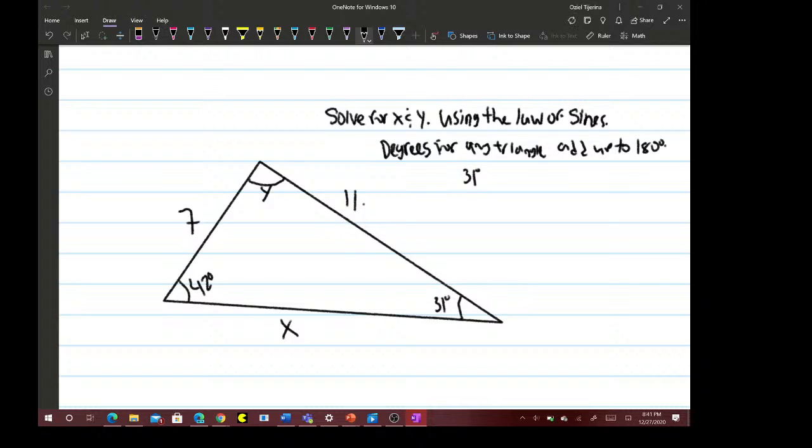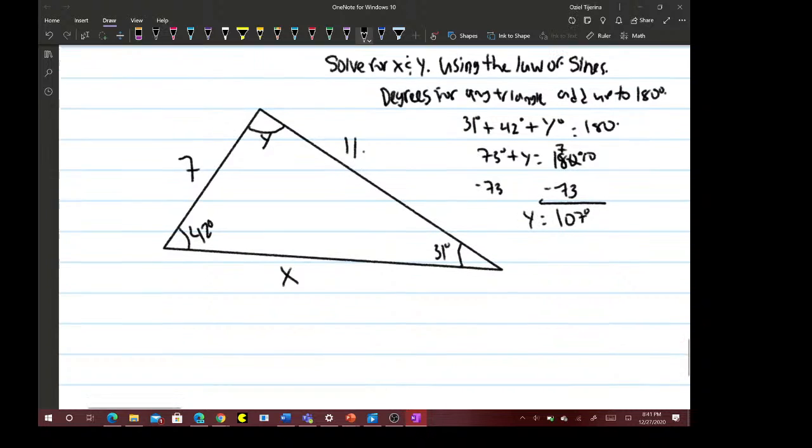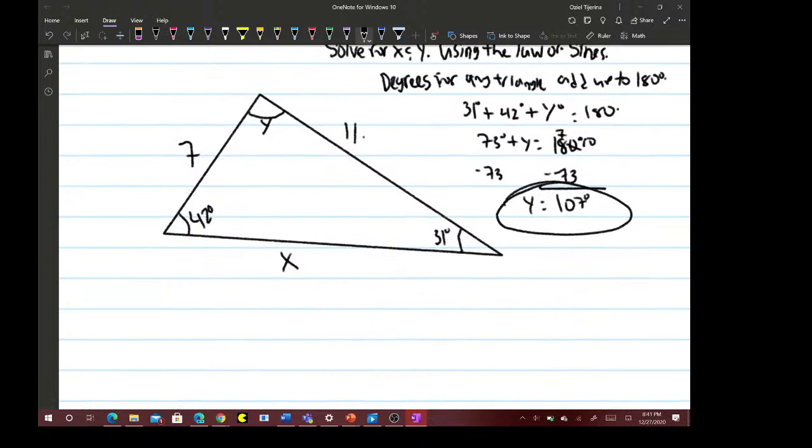So we would say 31 degrees plus 42 degrees plus y degrees equals 180. Then 73 degrees plus y equals 180 degrees. Minus 73, 107 degrees equals y. So we solved for our y.